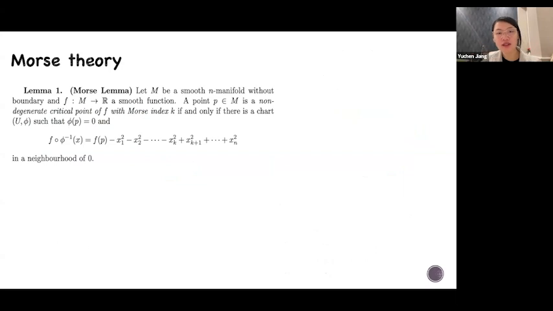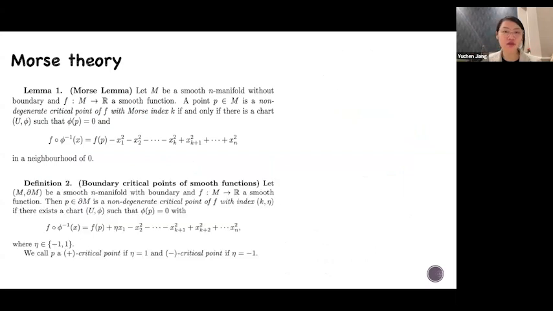We can extend this idea and define boundary critical points, where locally around the point P it will look something like this form, where eta is what we'll call the sign of the critical point, and it can take values plus or minus 1, depending on whether locally the values around P will be greater or less than the value taken by P, namely f of P.